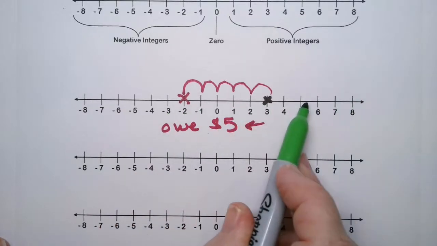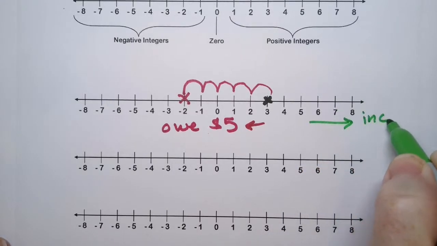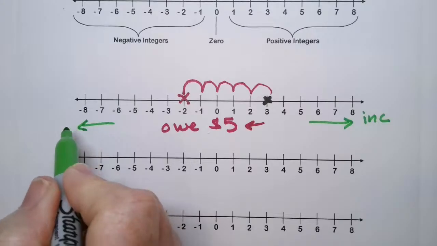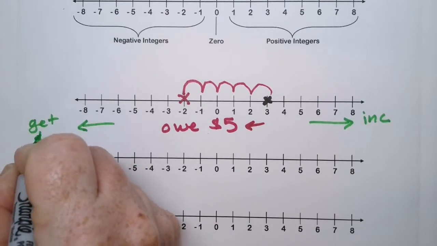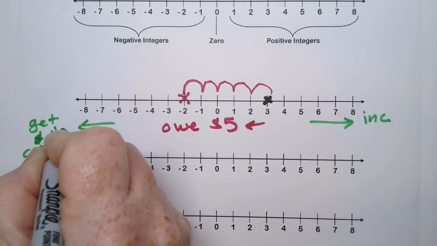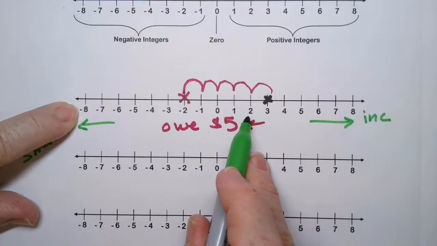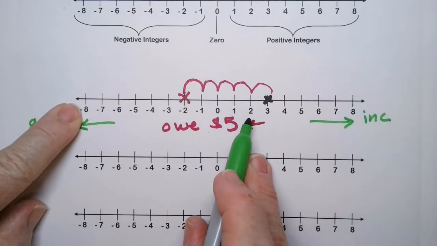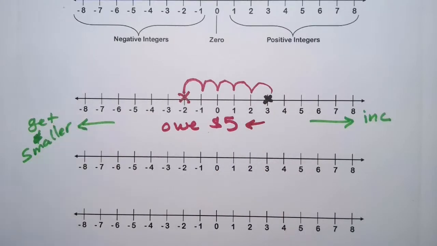They get bigger here, and when we go in this direction, the numbers increase. When we go in this direction, the numbers get smaller. They decrease. Now you might be thinking, but negative 8, that 8 is bigger than a 2. You're right. The actual number 8 is bigger than the actual number 2, but you have to pay attention to this little minus sign in front.